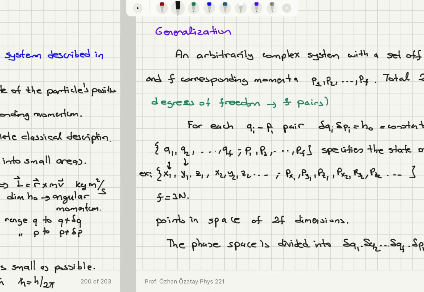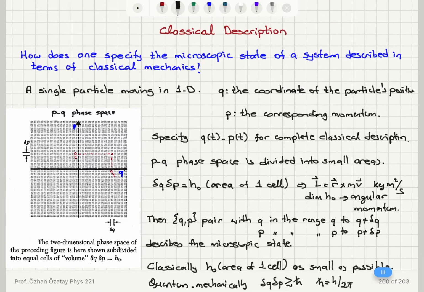So let's summarize what we said. We're trying to describe the microscopic state of a system that can be discussed using the laws of classical mechanics. The simplest possible system is a single classical particle moving in one dimension. If you know its position and its corresponding momentum as a function of time, you have a complete classical description.